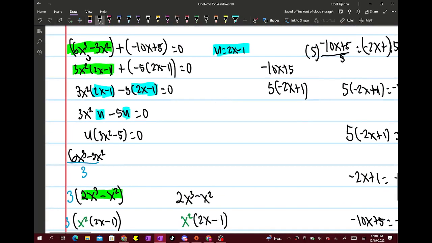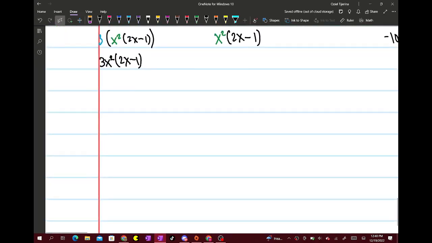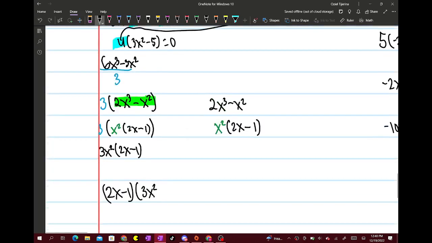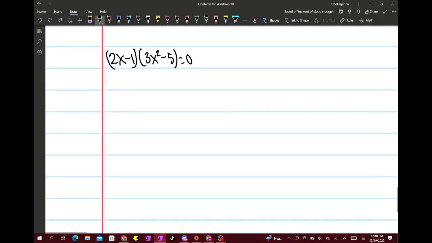I know that u is 2x minus 1, right? So I'm going to say 2x minus 1 times 3x squared minus 5 equals 0. So then, using the zero product property, I have 2x minus 1 equals 0, or 3x squared minus 5 equals 0.